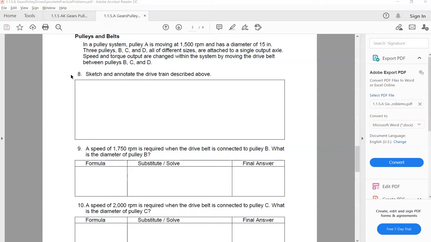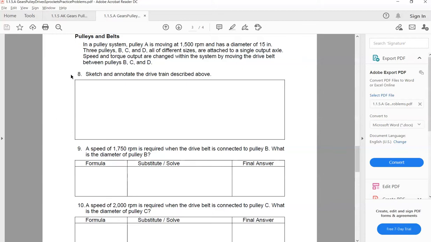All of those are attached to a single output axle. So the idea is that the belt can be moved from B to C or C to D or vice versa to manipulate the output speed and torque available at that output axle.